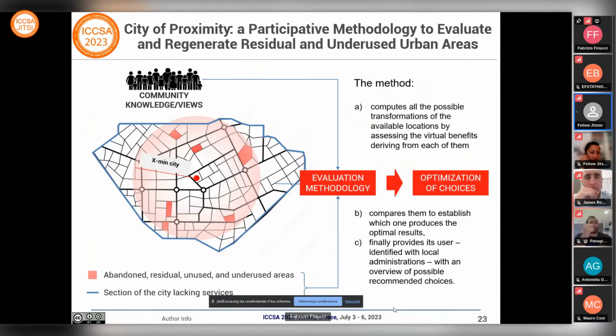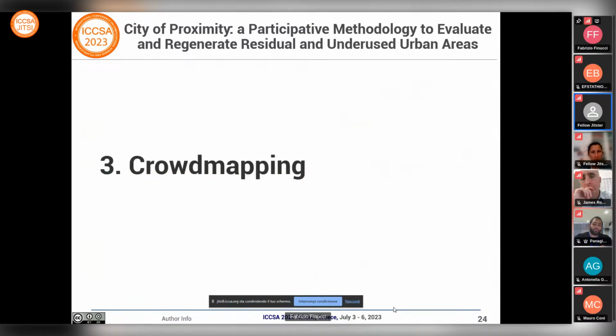It computes all the possible transformations of the available locations by assessing the virtual benefits deriving from each of them, compares them to establish which one produces the optimal results, and finally provides its user, identified with the local administration, with an overview of possible recommended choices. As we said, in this model, we would like to include the concept and application of crowd mapping.